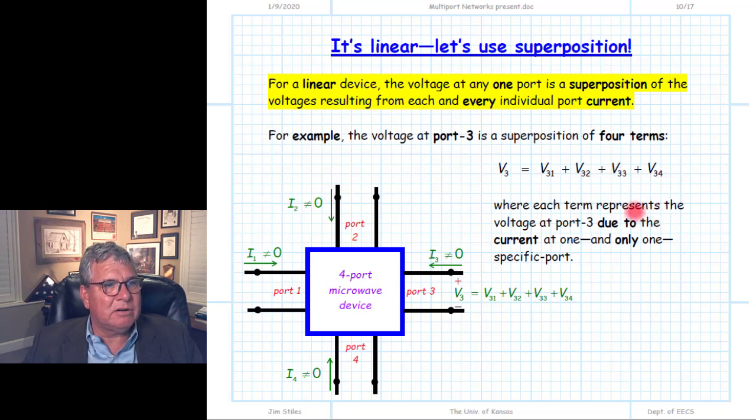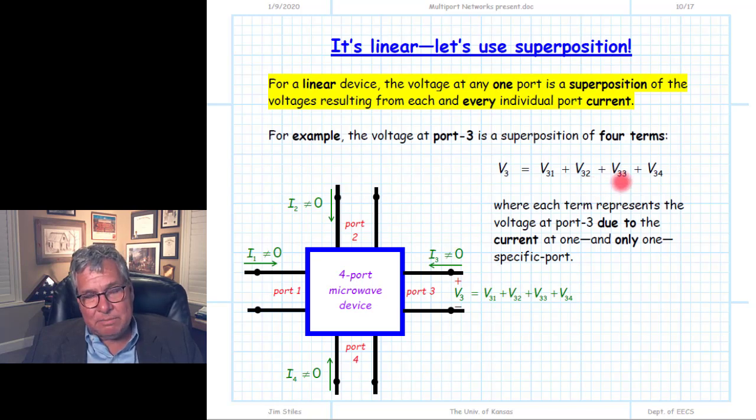What we're saying here is that the total voltage at port 3 is due to superposition of an excitation of each of the 4 currents. V31 is the voltage due to the current at port 1. V32 is the voltage at port 3 due to the current at port 2.